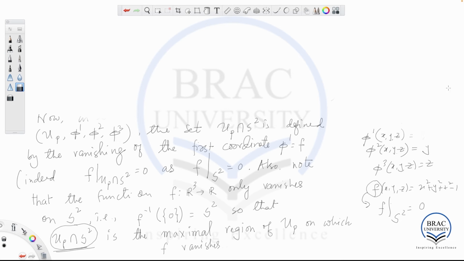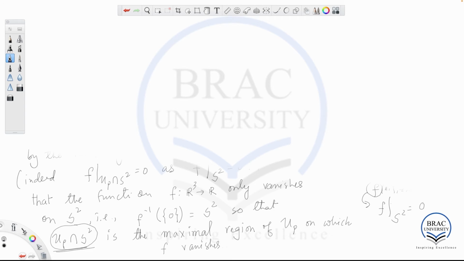Thus, we see that U sub P, comma, phi 1, phi 2, phi 3, which is nothing but U sub P, f, y, z, is an adapted chart relative to the two-dimensional sphere S2.